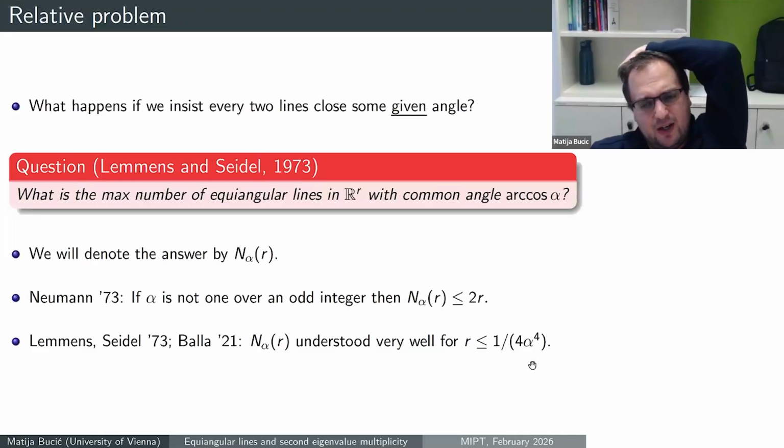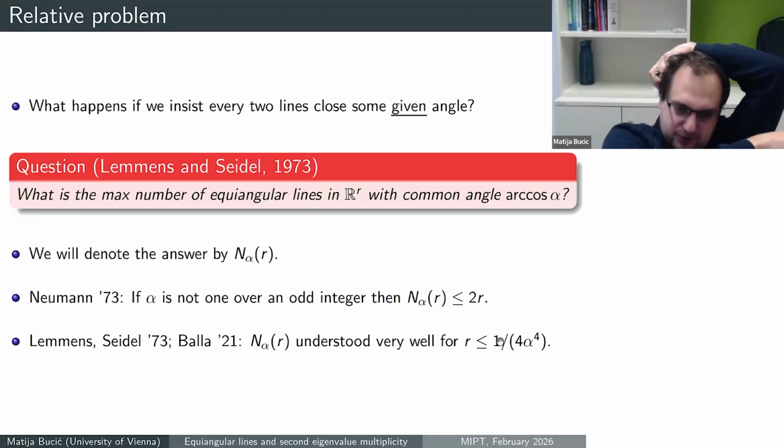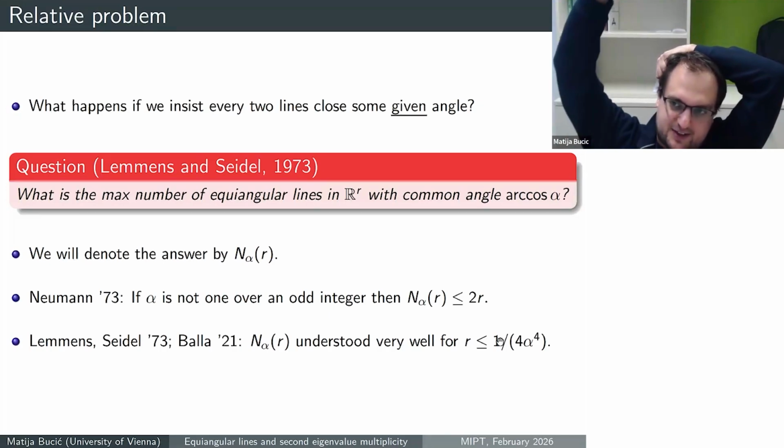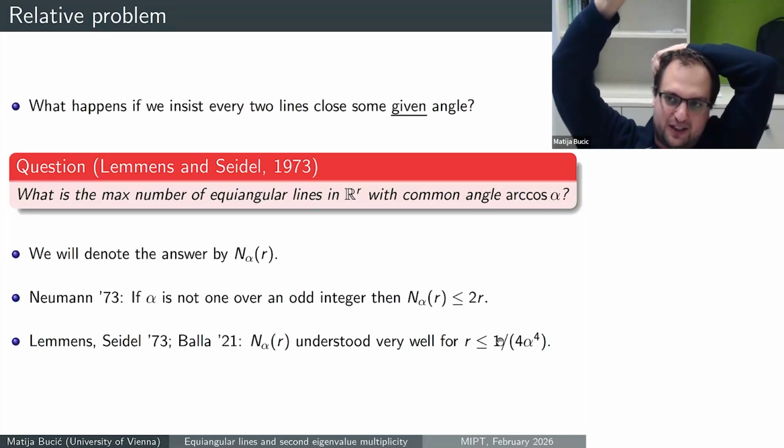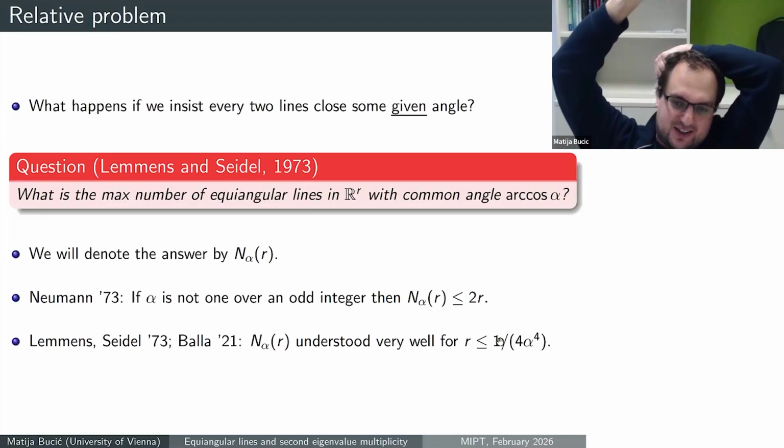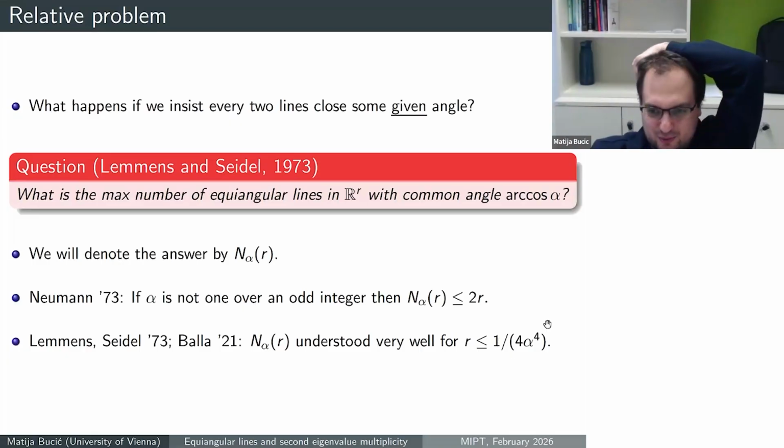What it does is it is linear, and then it very quickly jumps to being quadratic somewhere around 1 over alpha squared. Whether it actually jumps to quadratic or not was not quite proved by them. They just have an upper bound, not the lower bound, but the lower bound has been proved later.